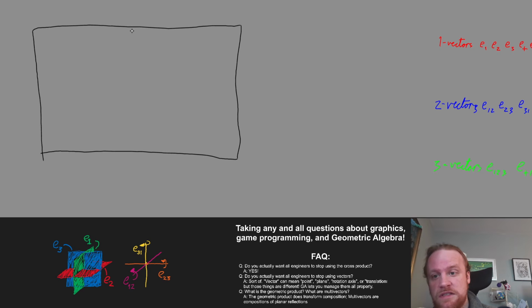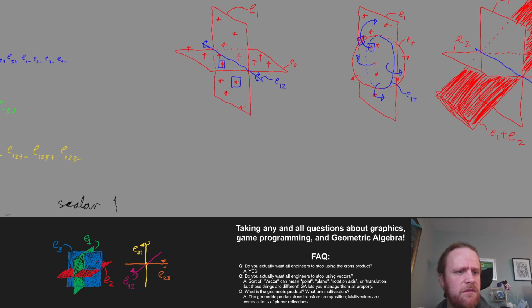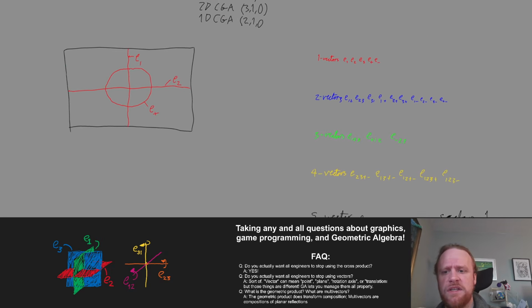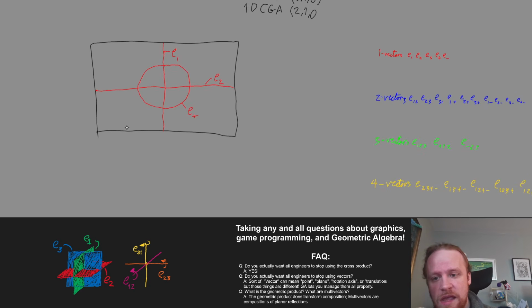So in 2D CGA, E1 is not a plane, it's a line. And E2 is also not a plane, it's a line. And E plus is not a sphere, it's a circle. That makes sense, doesn't it? Did I label that correctly? E1 plus E2 is not a plane, it's a line.